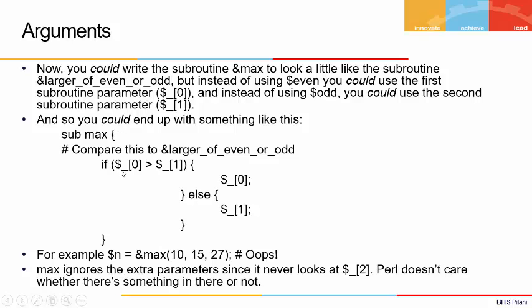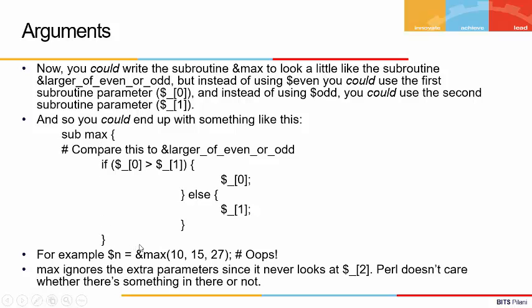So in max, the first argument, $_[0], is compared with the second argument, and after that we have the condition, and the return value is something like this. Whatever is larger, it will return after comparing in the subroutine.